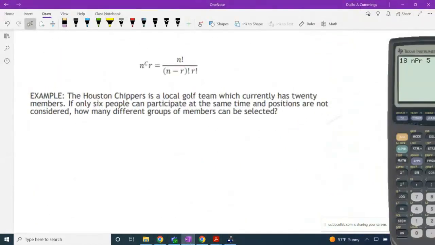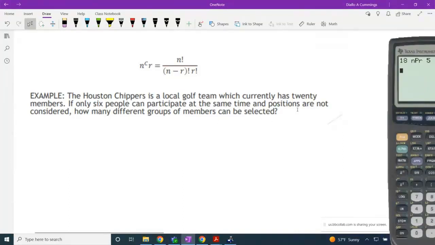It says the Houston Chippers is a local golf team which currently has 20 members. If only 6 people can participate at the same time and positions are not considered, how many different groups of members can be selected?